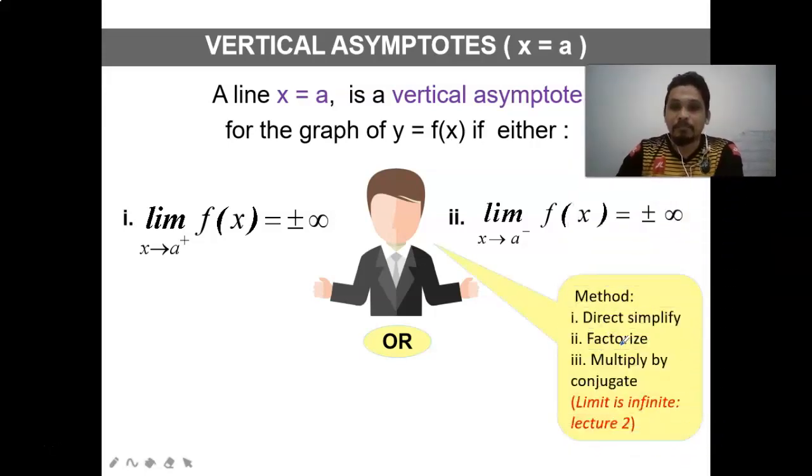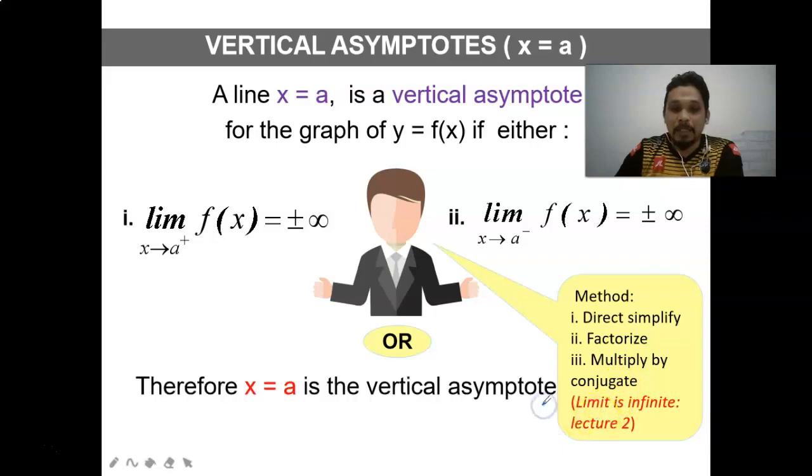The method: directly simplify, factorize, and also multiply by the conjugate. Therefore, x equal to a is the vertical asymptote.